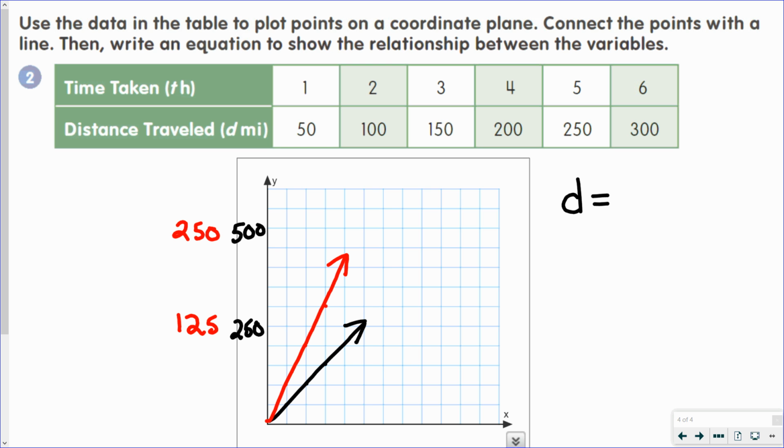Well, only one of those is going to continue through. So we go to our next column. If we add 49 to 2, we get 51. If we take 2 times 50, we do get 100, which is what we're looking for. So D equals 50 times T is our equation.